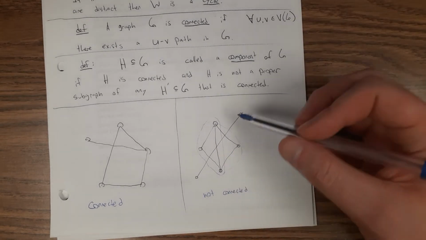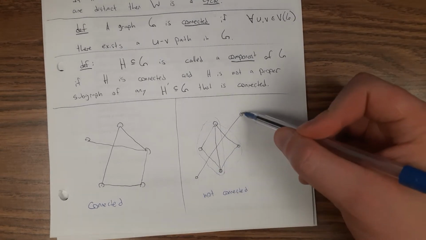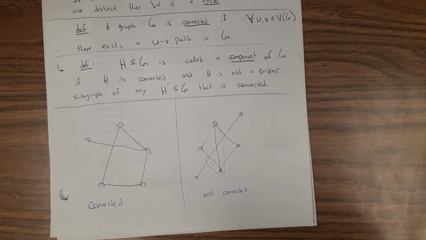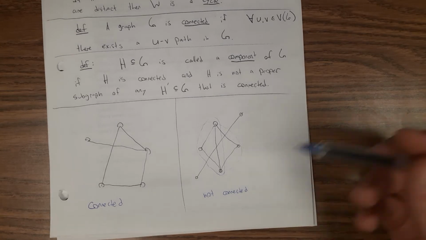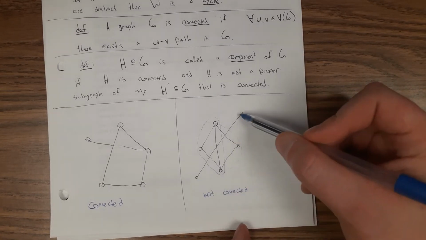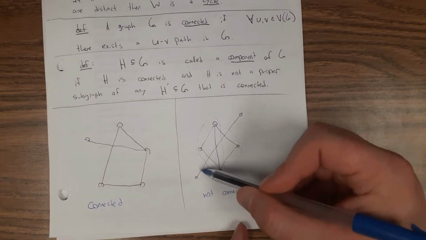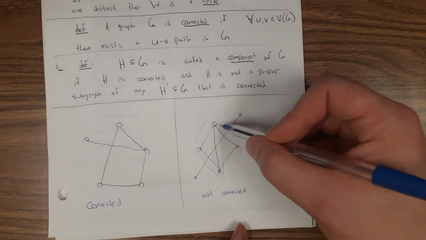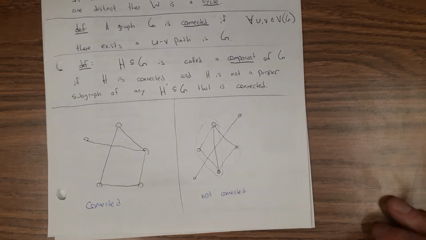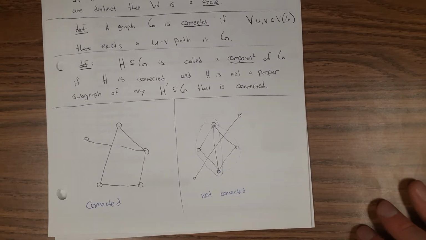So this graph we're looking at has two components. Like, you don't really have a first component and a second component, but one of the components consists of these two vertices and the edge between them, and the other component is these four vertices and the edges among those. Okay.